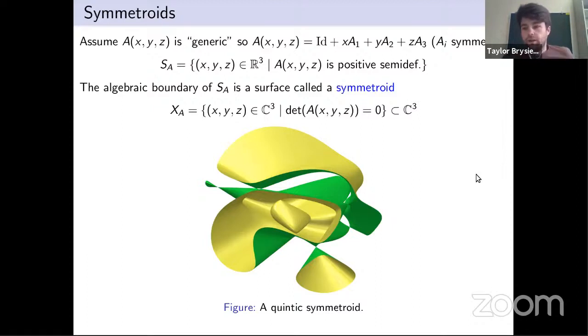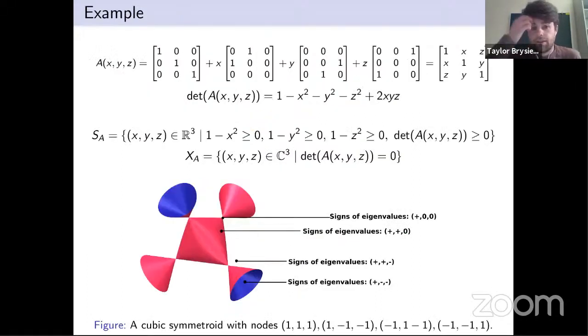Let's just do one simple example. So here I am in the case of d equals 3. I'm looking at linear spaces of 3 by 3 symmetric matrices, and I've written one here, and I've written its determinant.